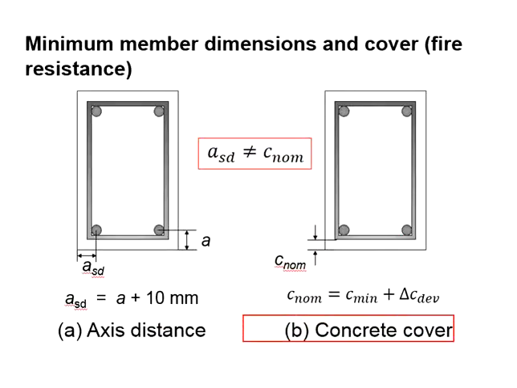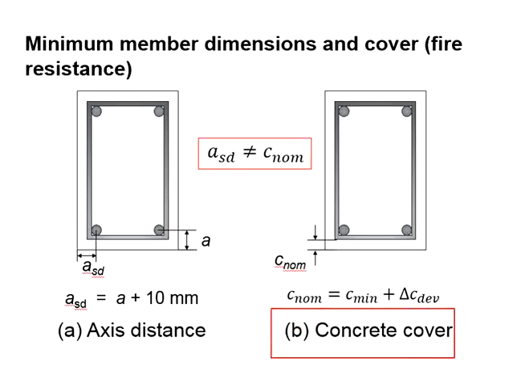Theoretically, you have to consider both for you to conclude the final thickness that you're going to use enveloping the reinforcement. In the case that the concrete cover gives you thicker protective layer than the axis distance, then the concrete cover will govern.